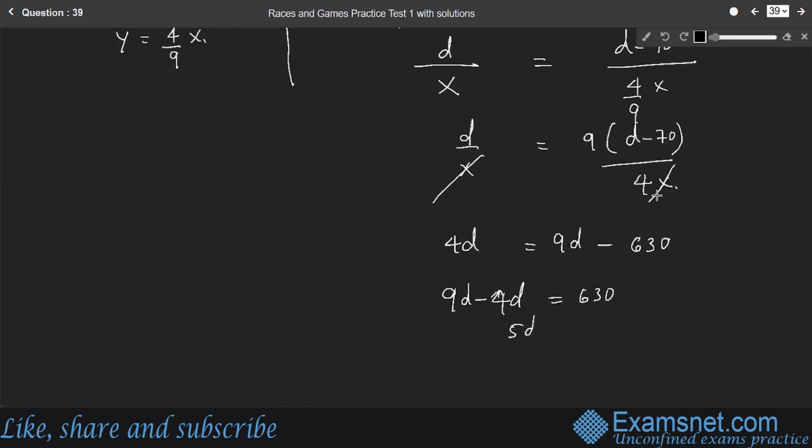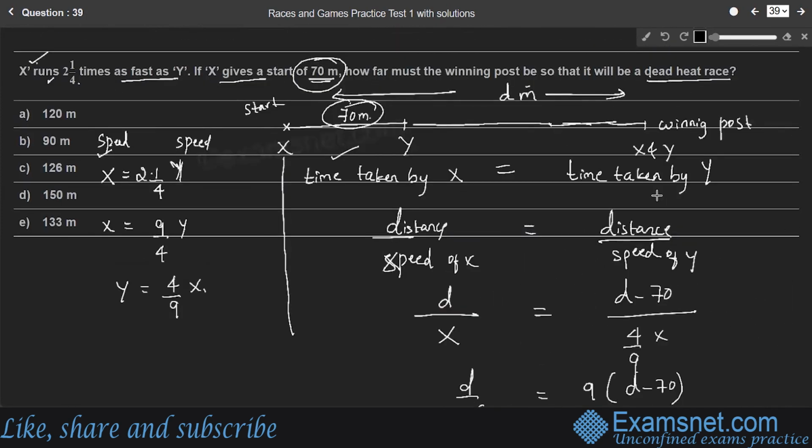So 5d is 630. Therefore, value of d becomes 630 by 5, which is 126. So 126 meters is the distance from the starting point to the winning post. So the value of d is 126 meters. Hence option C is the right answer.